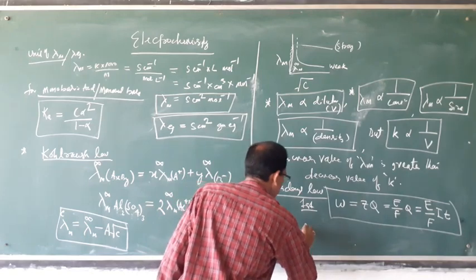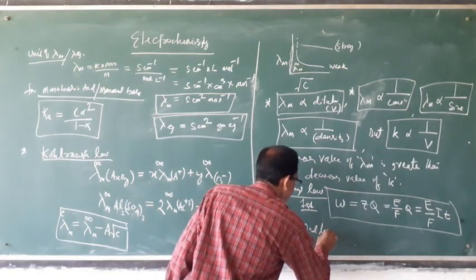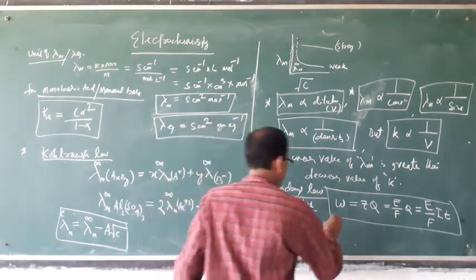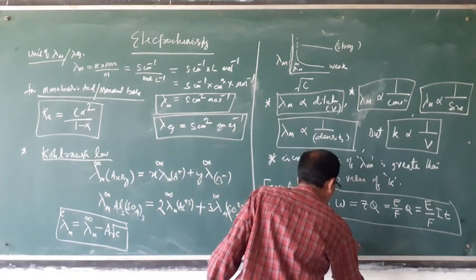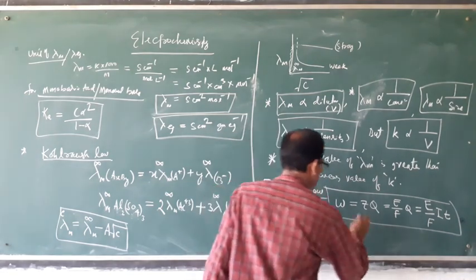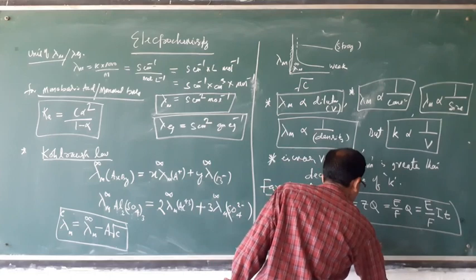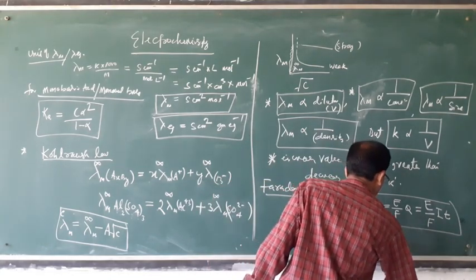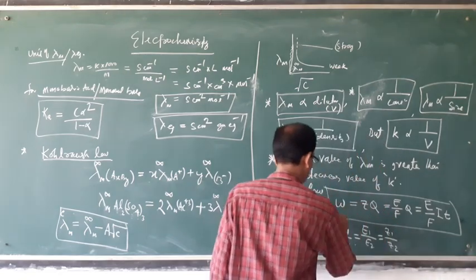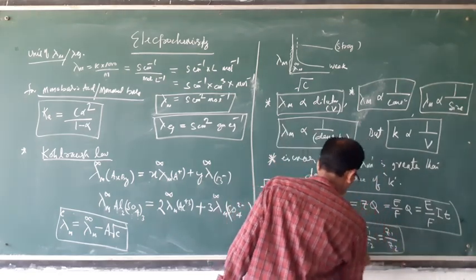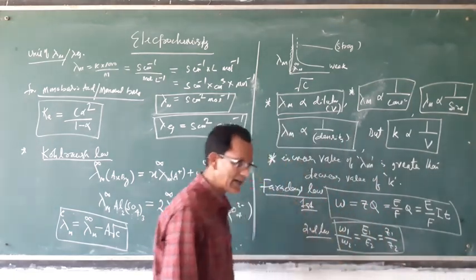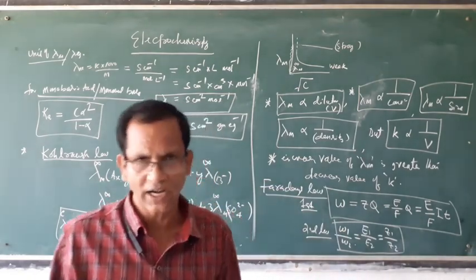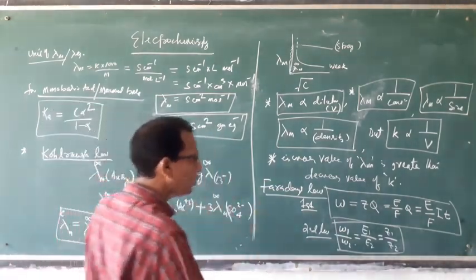Then the second law is W1 by W2 is equal to E1 by E2 is equal to Z1 by Z2. But the condition for the second law is that the current should be the same through all electrolytes.